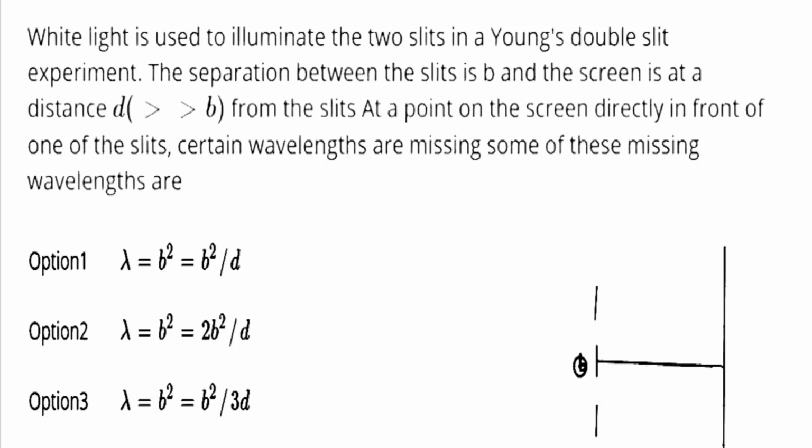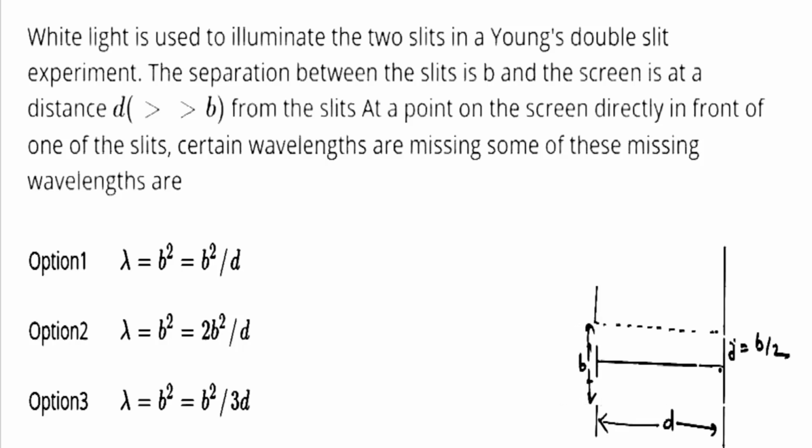And the distance to the screen is given here, that is, a small d. From the central position, y is equal to b by 2, and so the whole distance is here, that is, b.